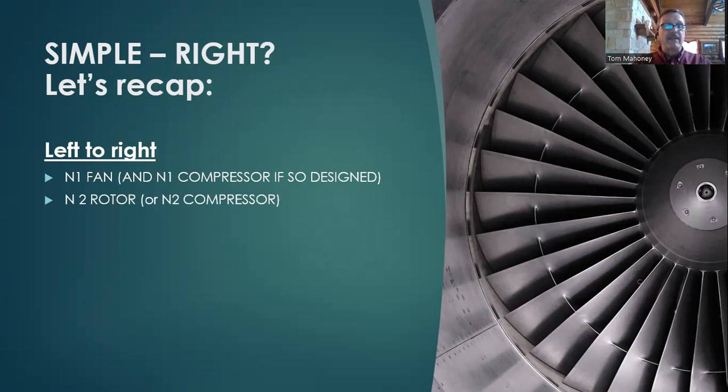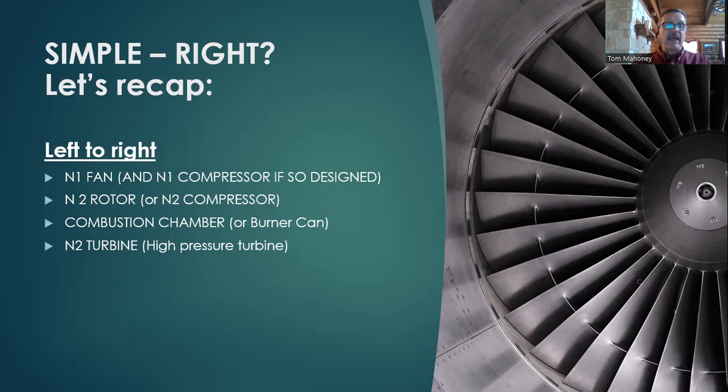Then right behind it we would have the N2 rotor, or what I like to call the N2 compressor. Then behind the N2 compressor, we have the combustion chamber, or I commonly refer to it as the burner can. Behind that, we have the N2 turbine, the high pressure turbine. And then we have the N1 turbine connected all the way to the front to the N1 fan.